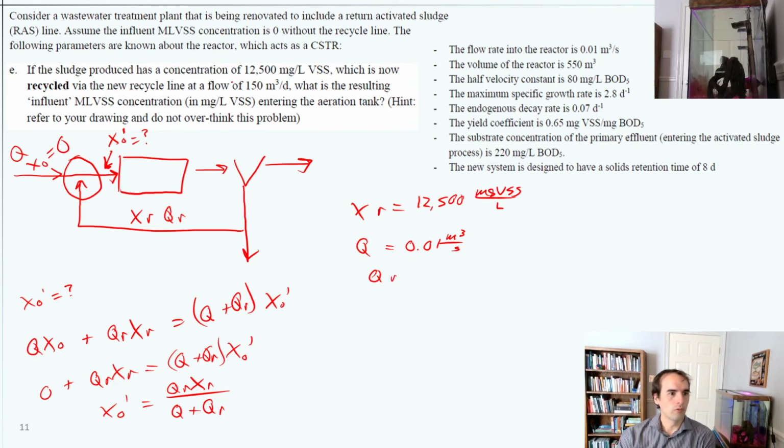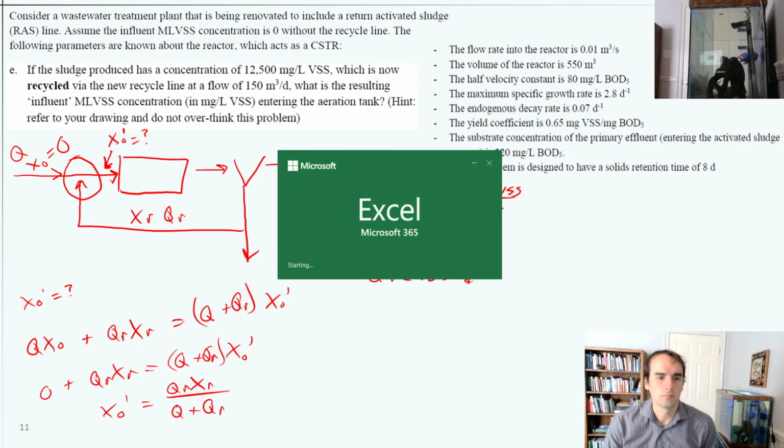QR was given to us in day units, so it was recycled as 150 cubic meters per day. So we'll need to convert that to seconds, but otherwise that's really all we need. So let's get that Excel sheet going again, and that will get us to our solution here.